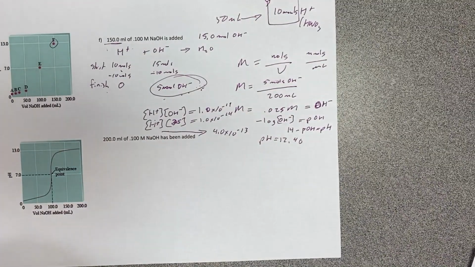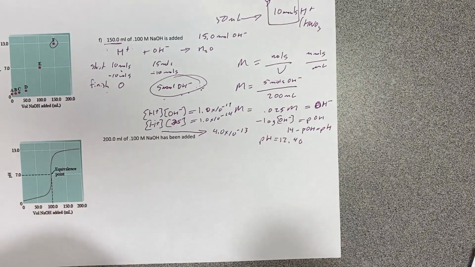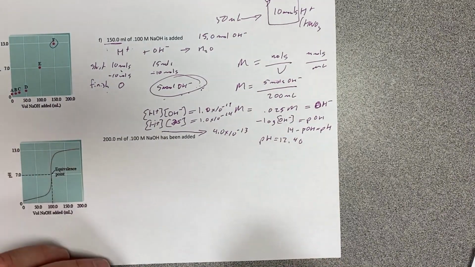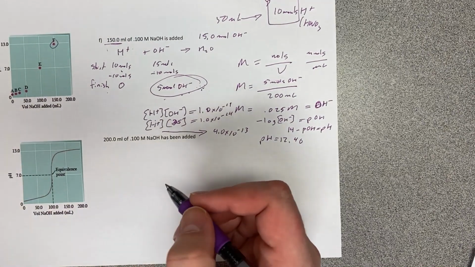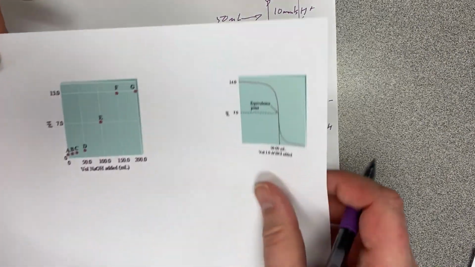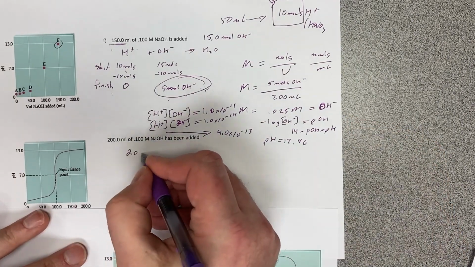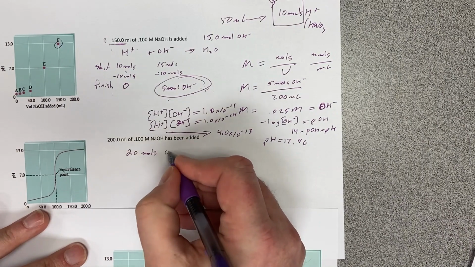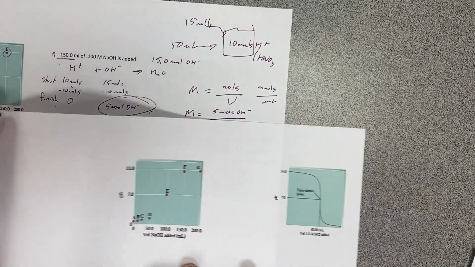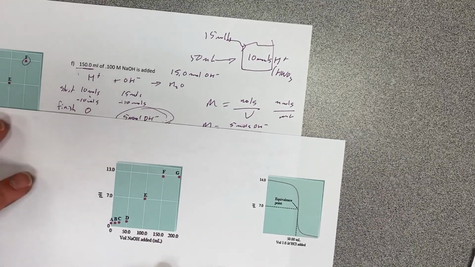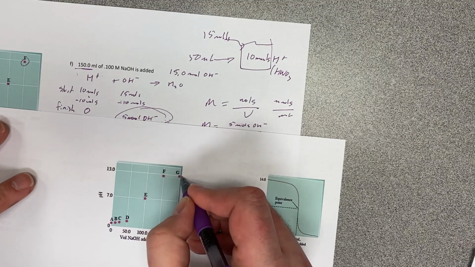Now, typically what they do is they do one final point that's just so far gone that it's not even really a reasonable point to deal with. And in that case right here, we deal with something like this. The graph's got a little bit backwards, but do you see how in this case, they did 20 millimoles of the OH minus? If you take 20 millimoles of this, you're going to see that the pH kind of evens out after a while, right?